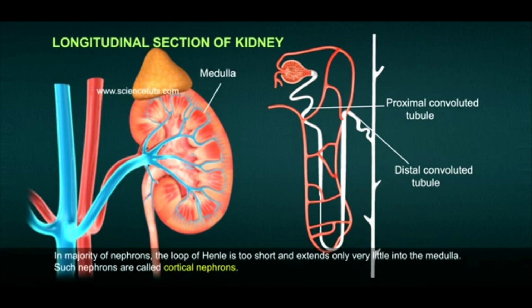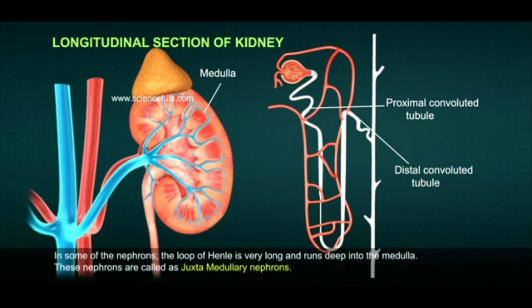In the majority of nephrons, the loop of Henle is very short and extends only very little into the medulla. Such nephrons are called cortical nephrons. In some of the nephrons, the loop of Henle is very long and runs deep into the medulla.